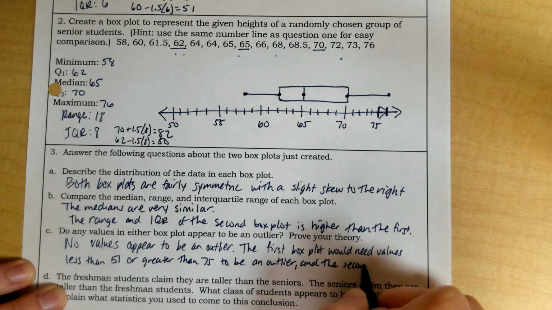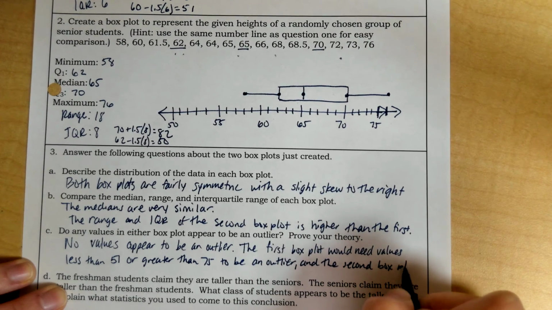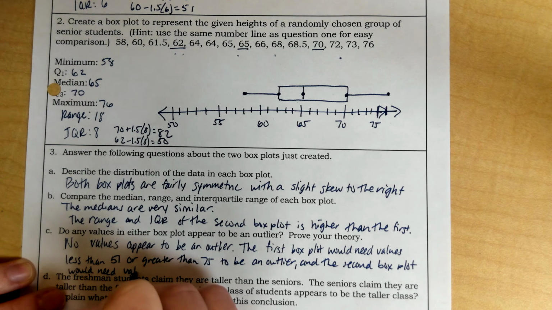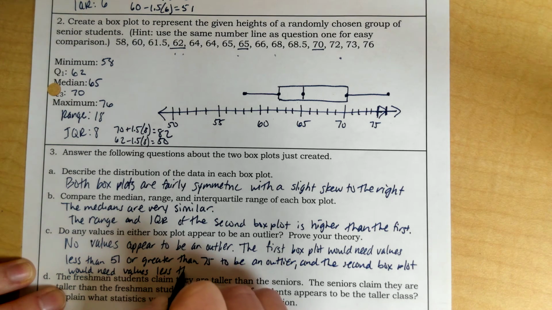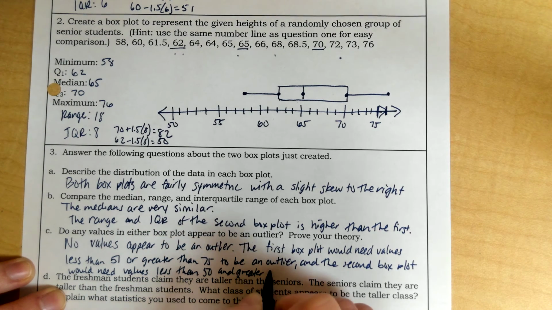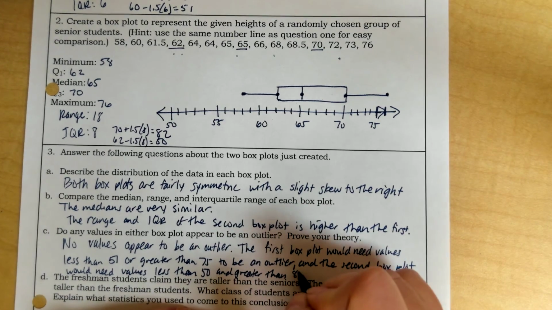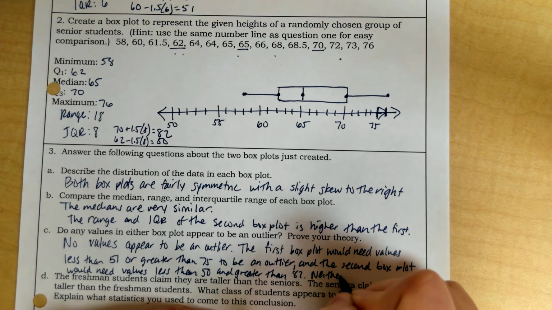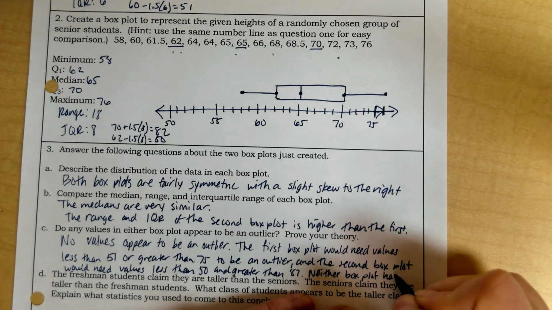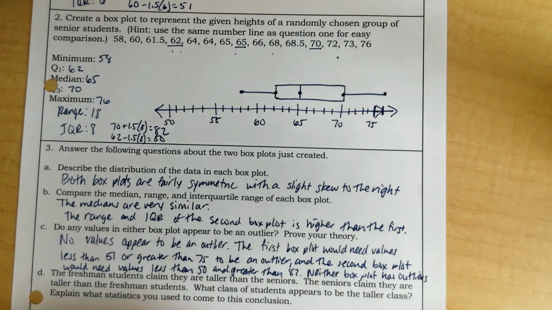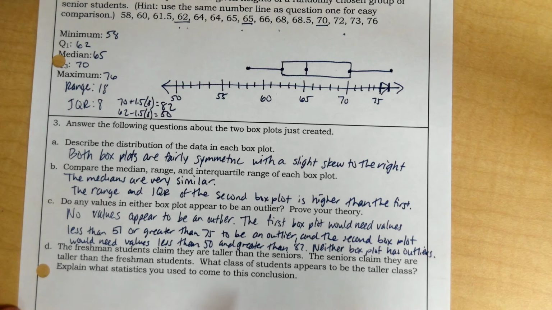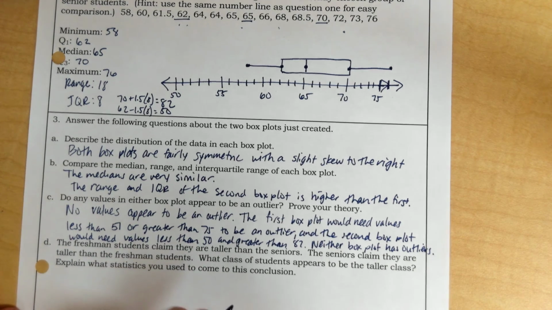And the second box plot would need values less than 50 or greater than 82, and neither box plot has outliers. Okay, none of those have values outside of those numbers, so no outliers for these questions.